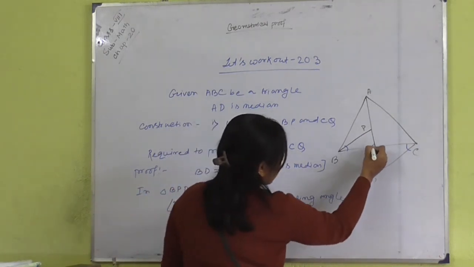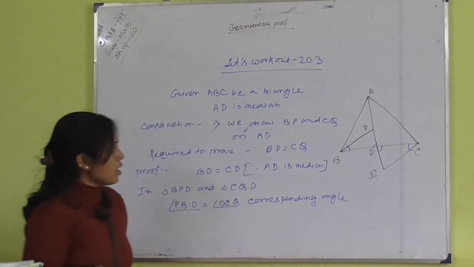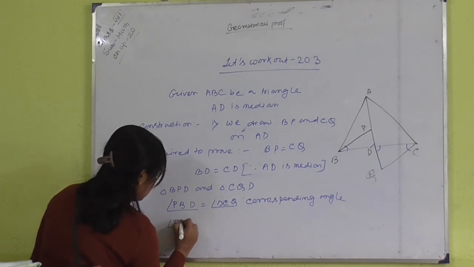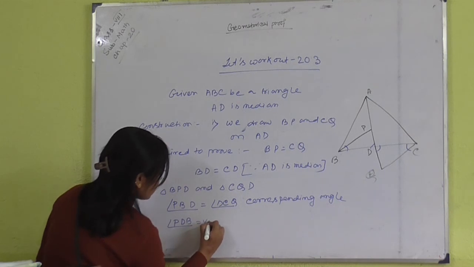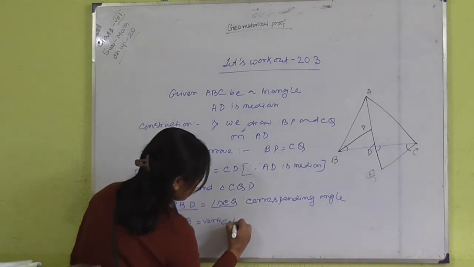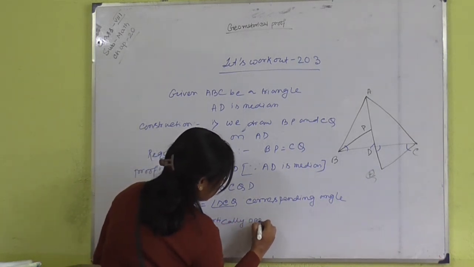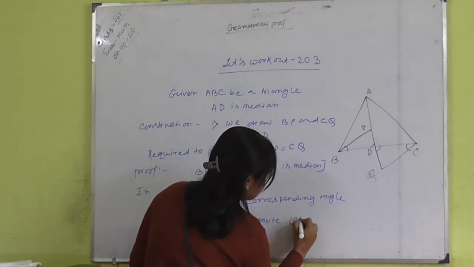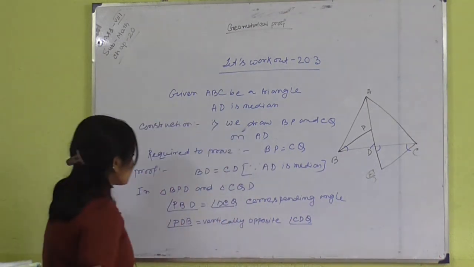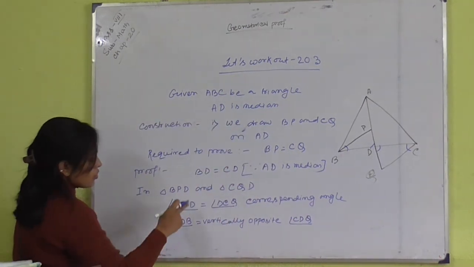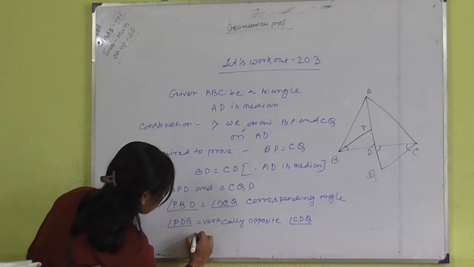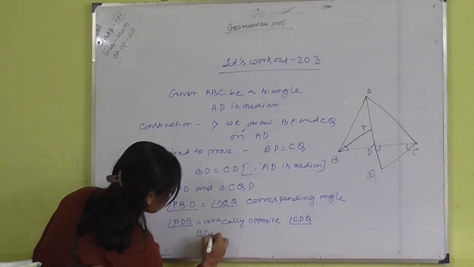And this angle and this angle are equal because they are vertically opposite. PDB is vertically opposite to CDQ. And another condition is BD equal to CD.